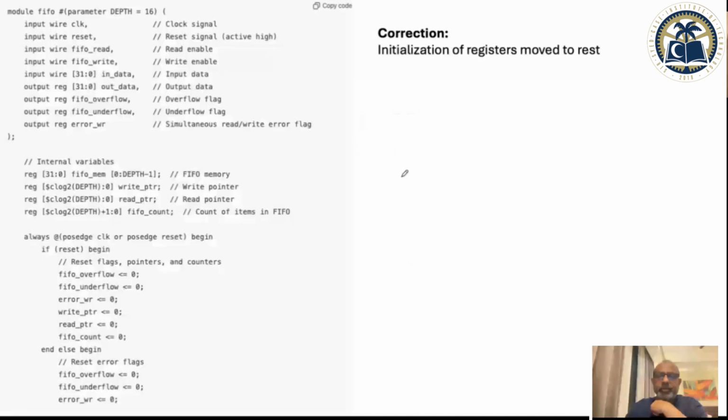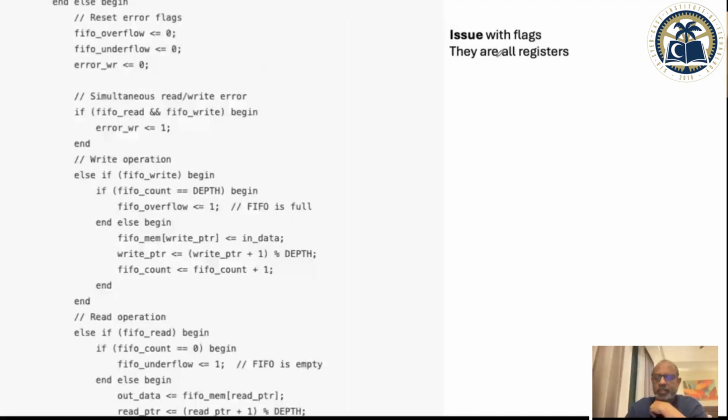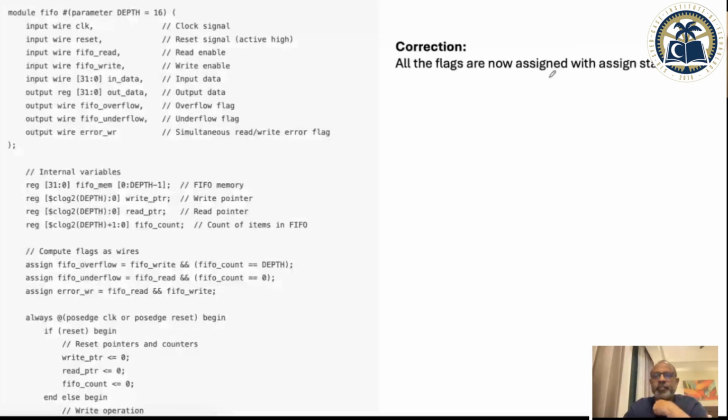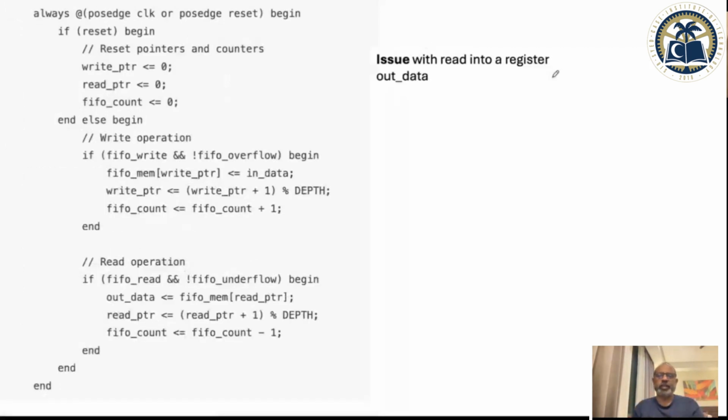And then I asked it about issues with flags, they are all registers. So I asked, can the overflow and underflow be outside the always procedural assignment? It has done that. We have seen it there as well. All flags are now assigned with assign statements. So I'm slowly getting the code into a shape that I really like.